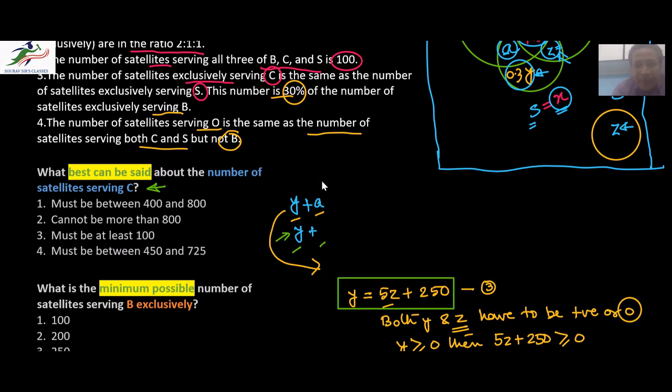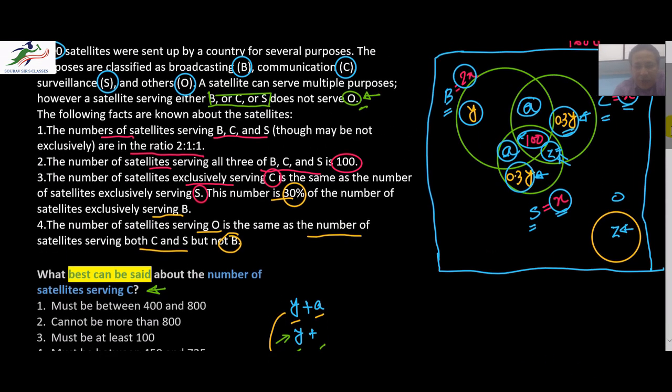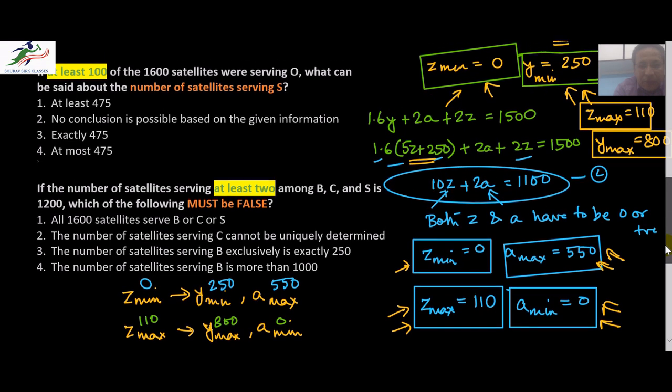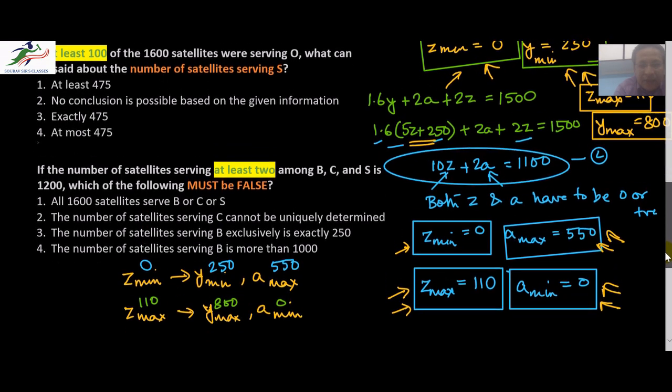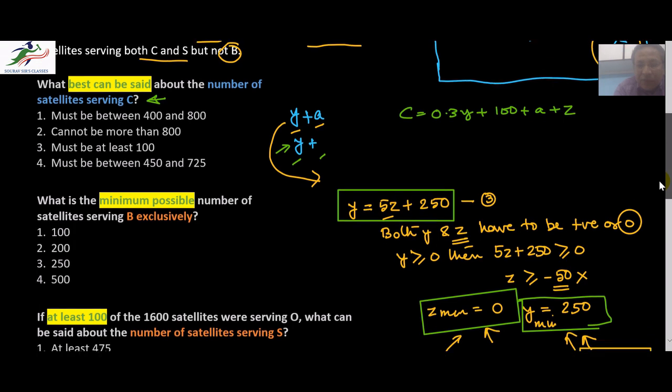We can clearly see that the number of satellites that are serving C is 0.3y plus 100 plus A plus Z. And we have seen that the maximum and minimum values of A, Y, and Z will lie between these values. So we only need those values here.